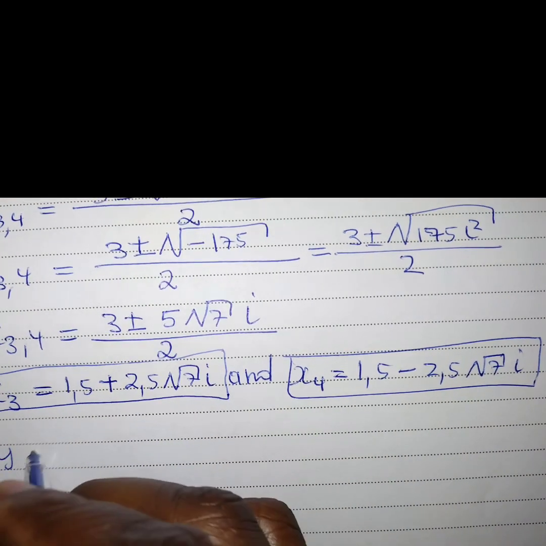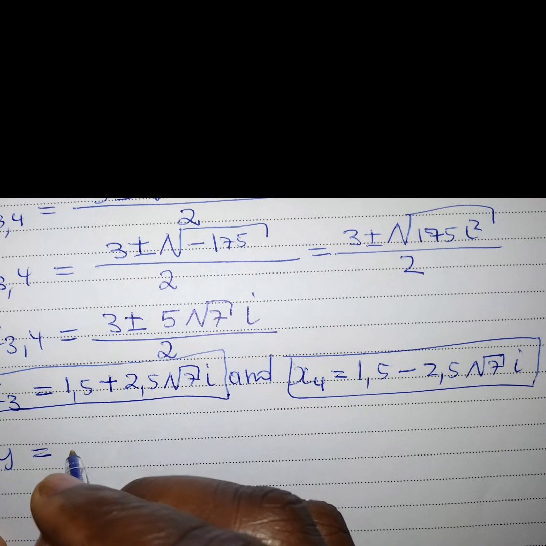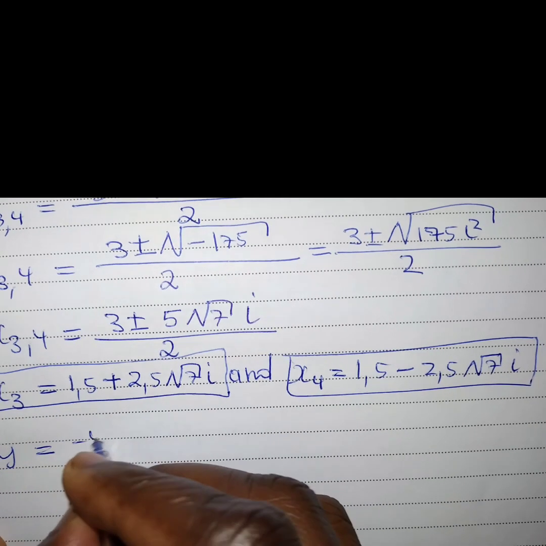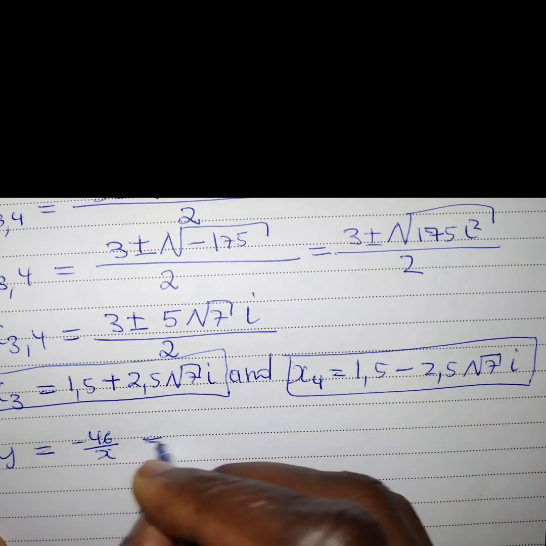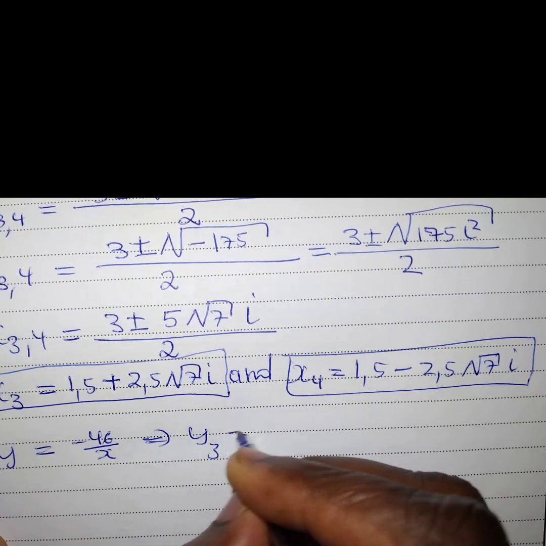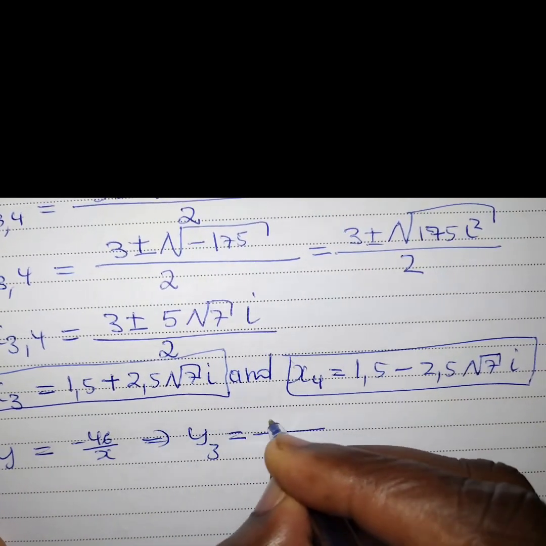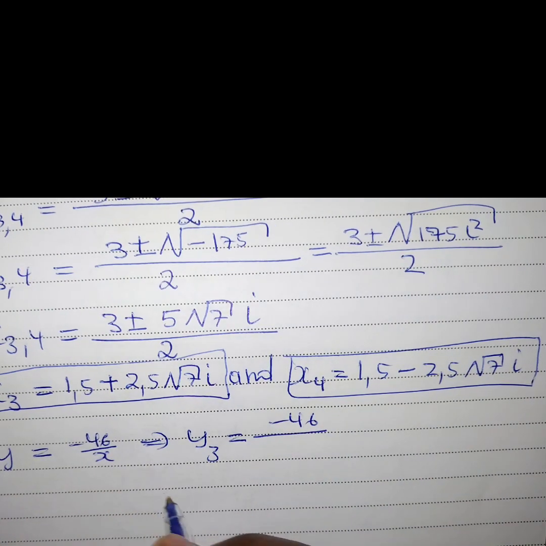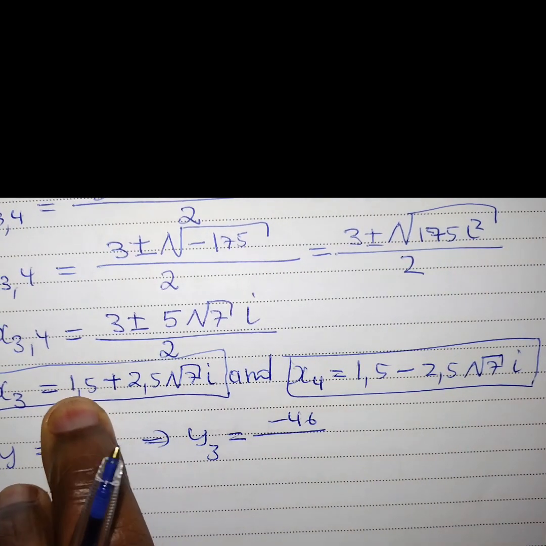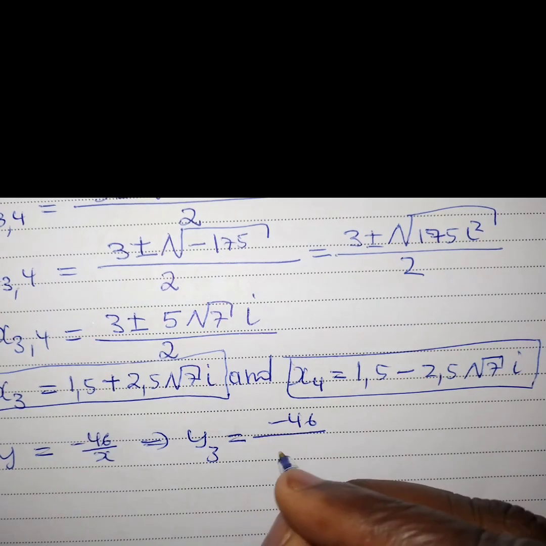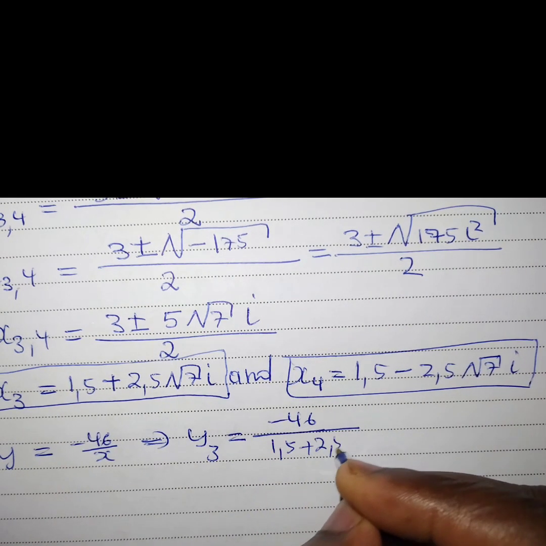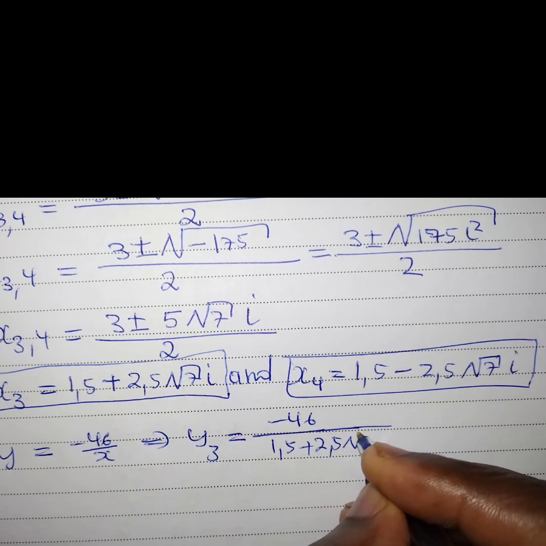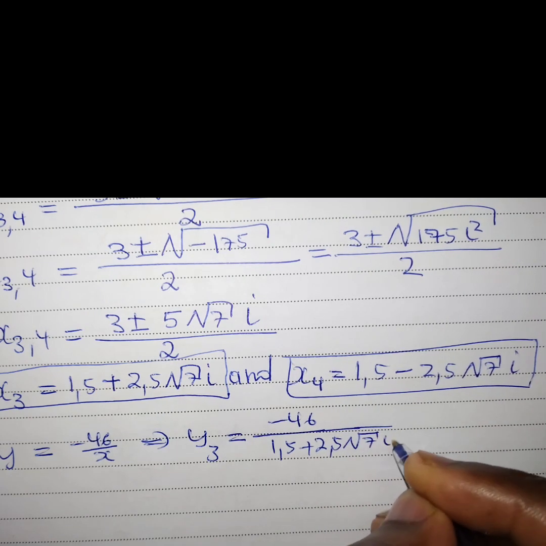So y is equal to minus 46 all over x. This implies that y3 will be equal to minus 46 over the value of x3, which is 1.5 plus 2.5 square root of 7i.